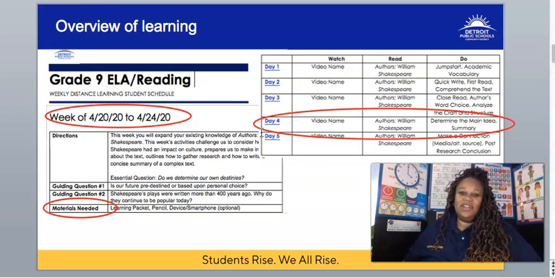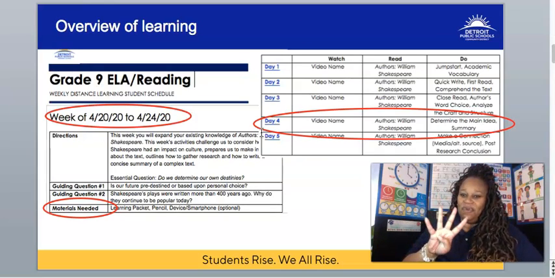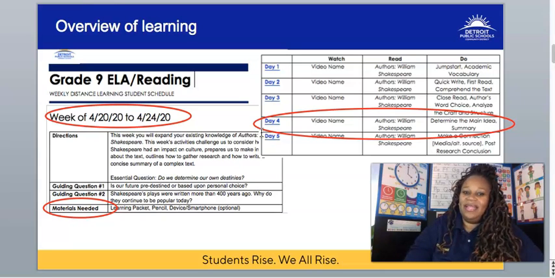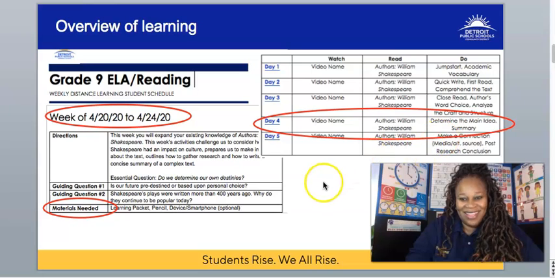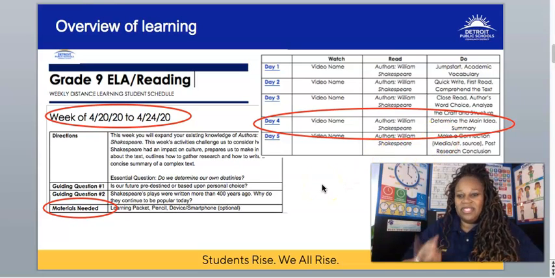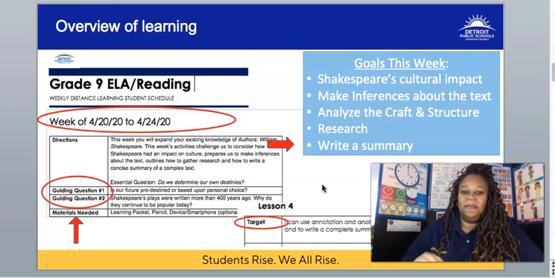Now, in terms of an overview, we are on day 4 of week 2, and our target today is to determine the main idea and to write a summary. The materials you need in order to do this are very simple. You need your learning packet, you need a writing utensil, and it's optional for you to have an electronic resource.